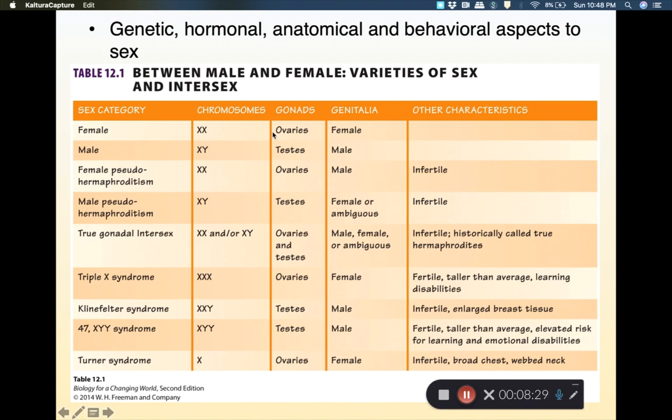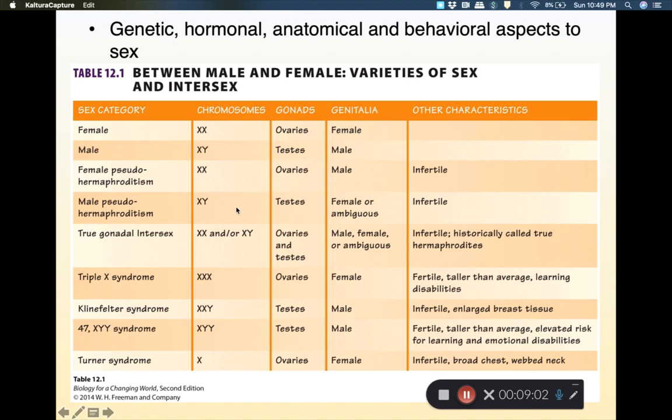Again, this is all talking about the genetic, hormonal, and anatomical characteristics, and it really is not looking at gender at all. We're specifically looking at the biological categories of chromosomes, gonads, and then genitalia. So you can see that we have what would be our quote-unquote typical, where you have a female XX, gonads are ovaries, and the genitalia is female in appearance.